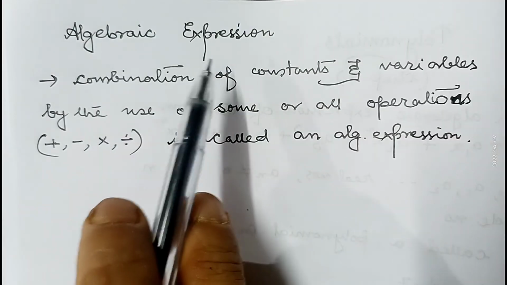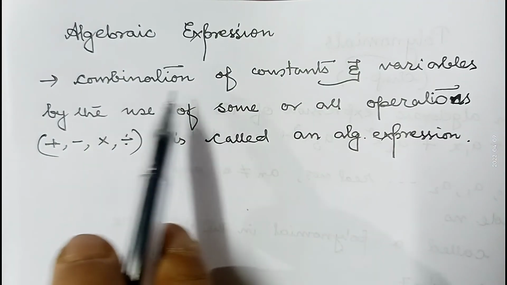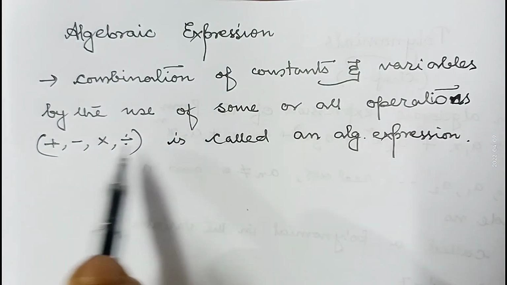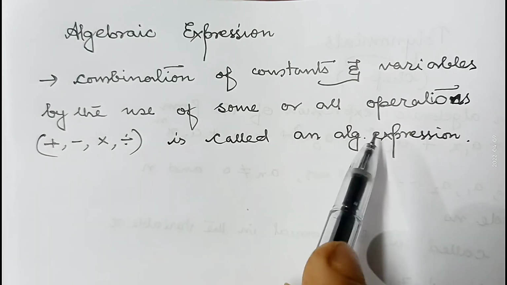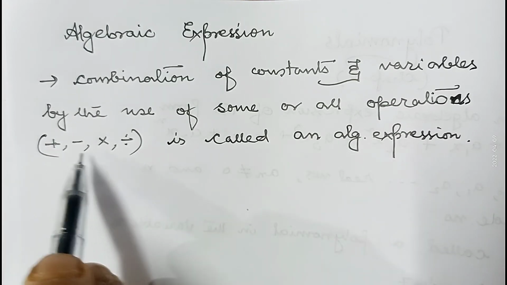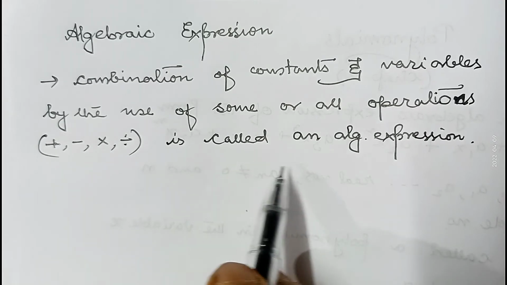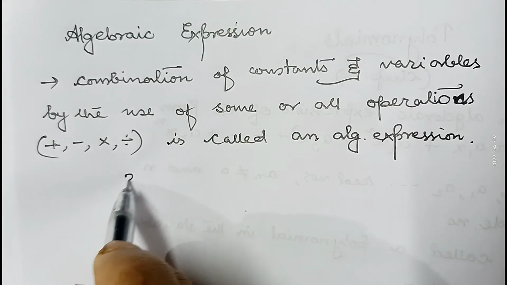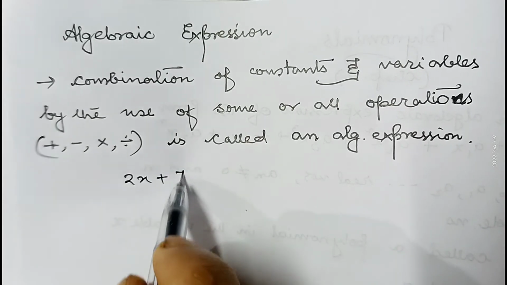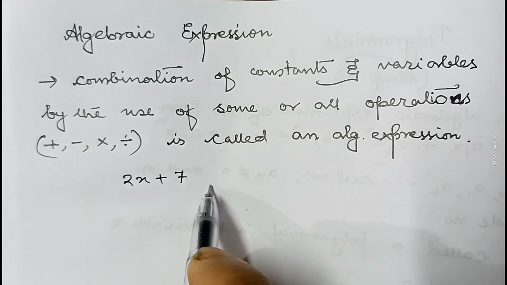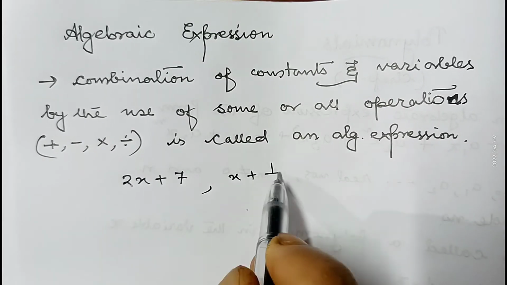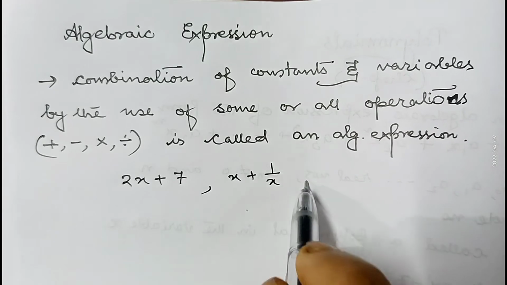What is an algebraic expression? Combination of constants and variables by the use of operations like plus, minus, into, division is called an algebraic expression. If I write 2x plus 7, this is an algebraic expression. x plus 1 by x, this is also an algebraic expression.